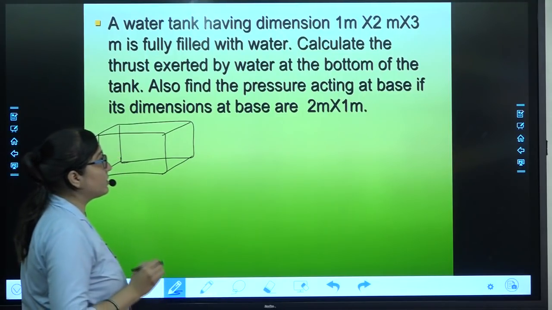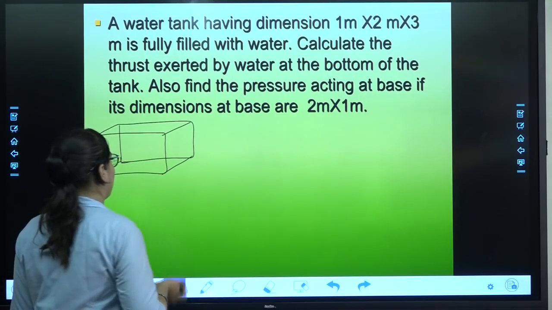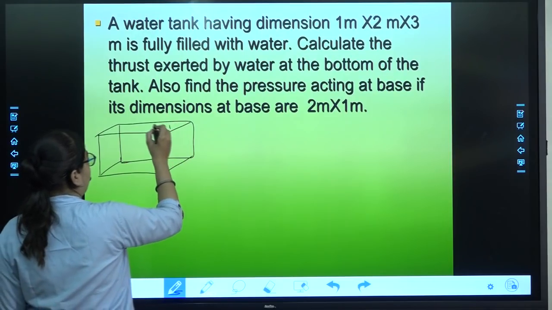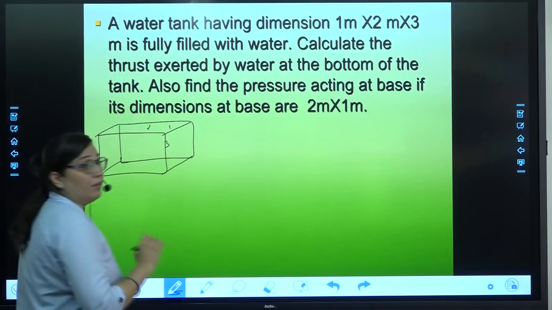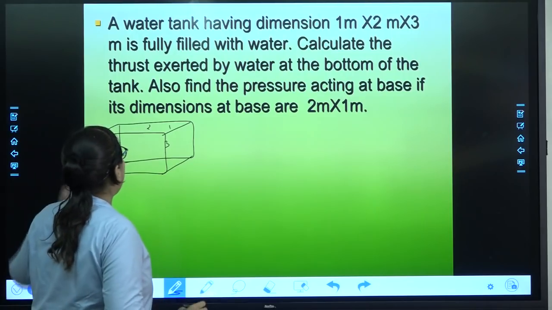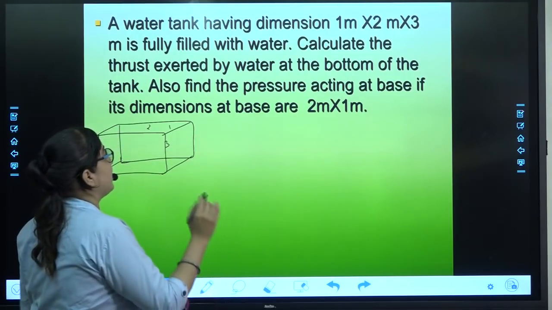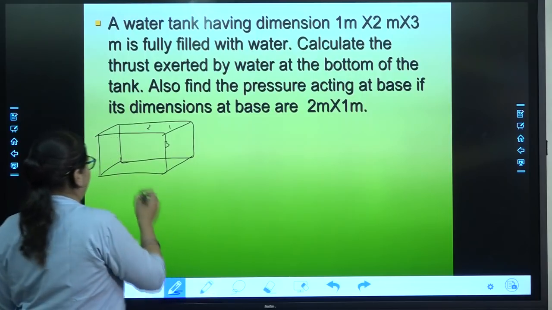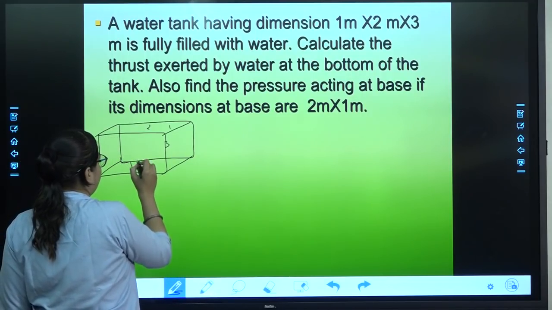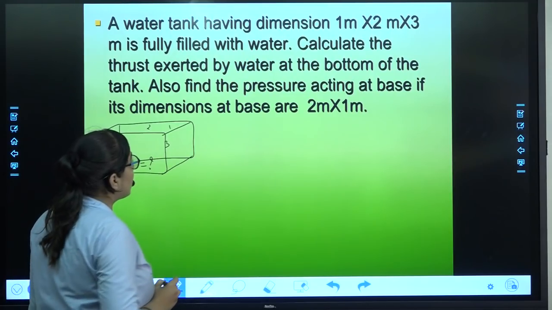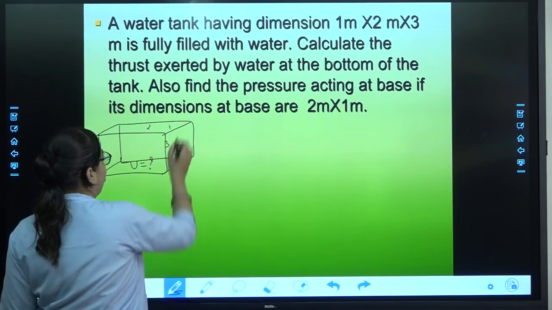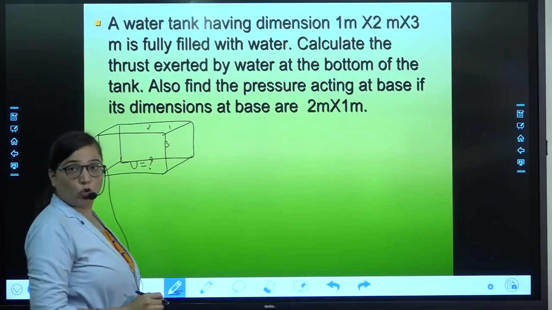What are the dimensions? 1 cross 2 cross 3. It is filled fully with water. Calculate the thrust that is exerted at the bottom of the tank. So what will be the upthrust over here? And also find the pressure which is acting at the base, which is having the dimensions of 2 cross 1.